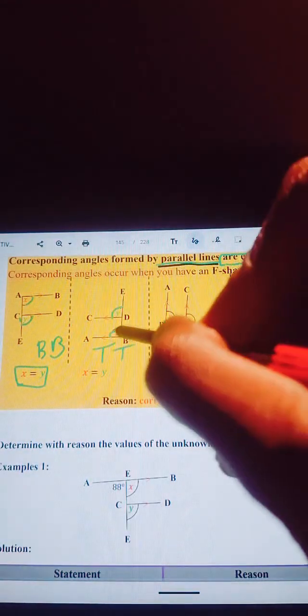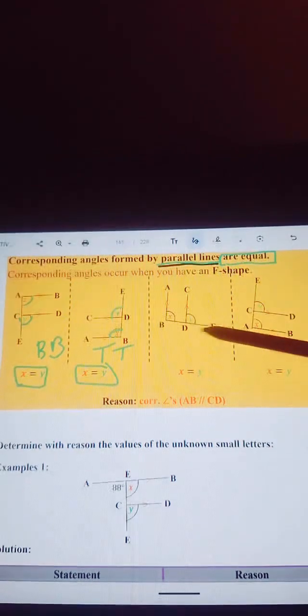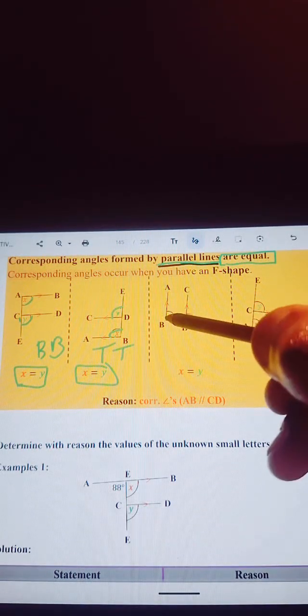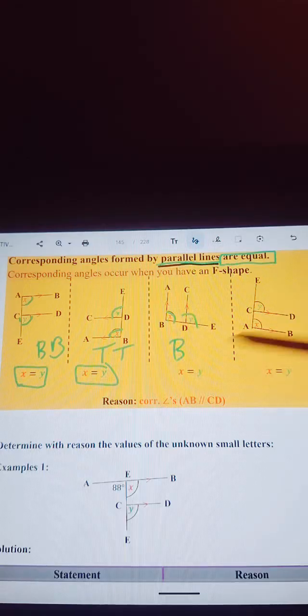Hence we say x is equal to y. And there again here, x and y, the angles x is equal to y. Look at this one, F shape again, bottom of that line, same position, bottom of that line, same position. So BB, x is equal to y, so corresponding angles.